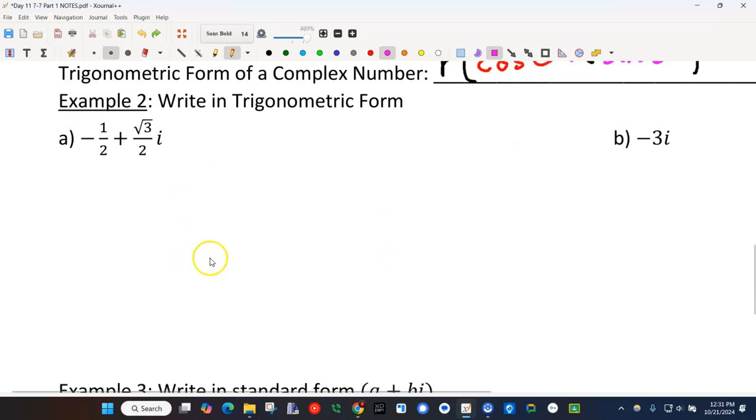So starting here, this is where your background knowledge is going to come in handy. You want to look at this and say, well, -1/2, root 3 over 2. Where is this? What angle is it? And if you can get this answer quickly, that's going to make this whole week a lot faster.